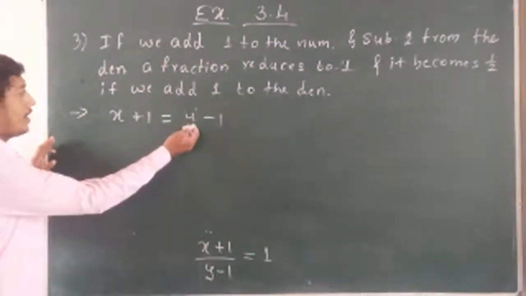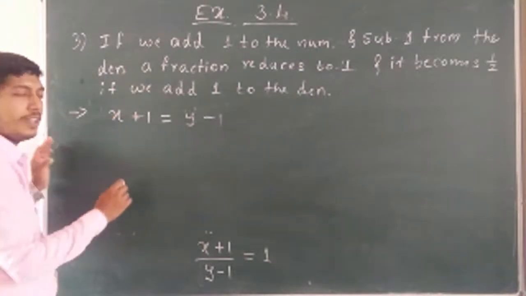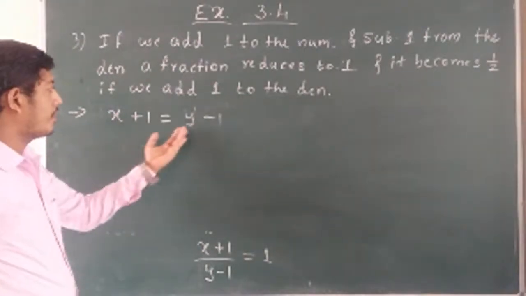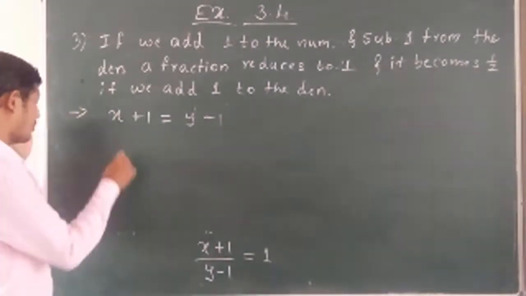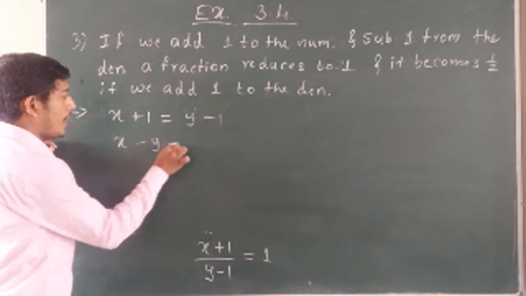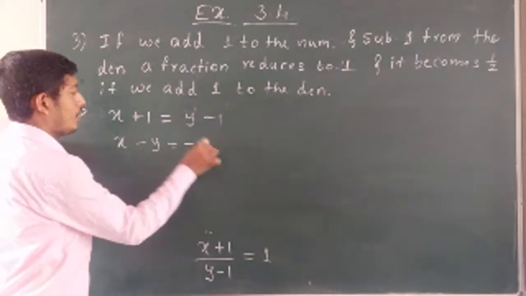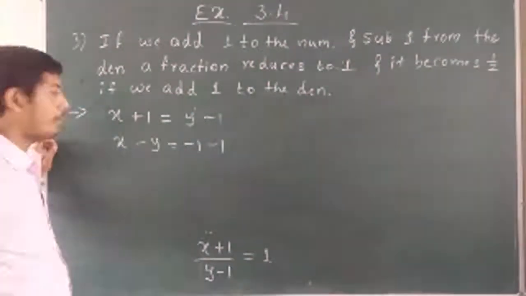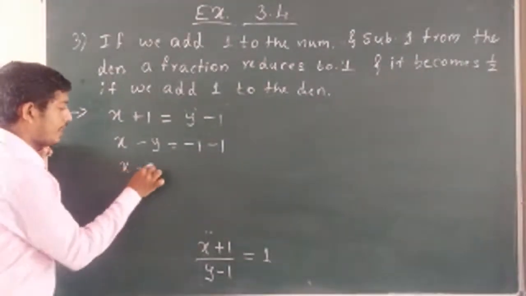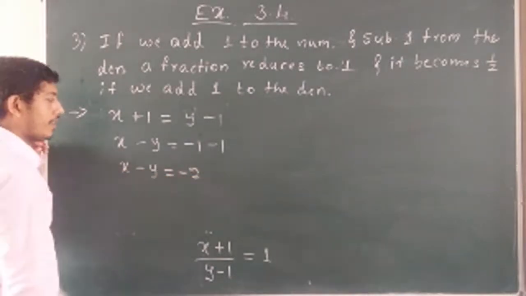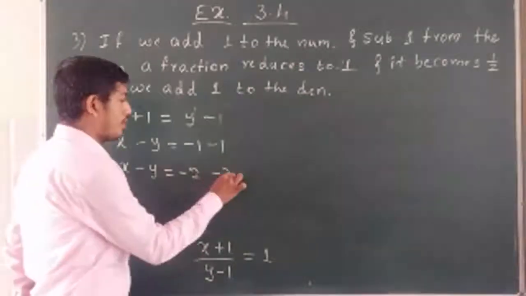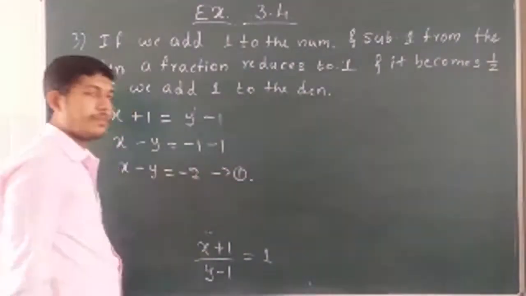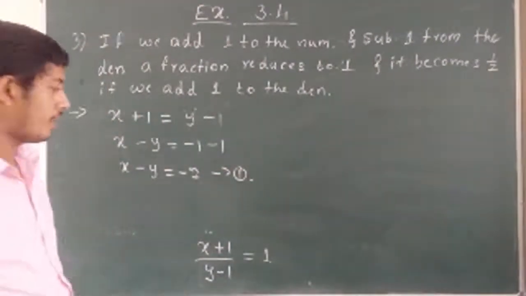So I will take the y to the left hand side and 1 to the right hand side. So it becomes x minus y equals minus 1 minus 1, because plus 1 becomes minus 1. So x minus y equals minus 2. I will call this equation number 1.